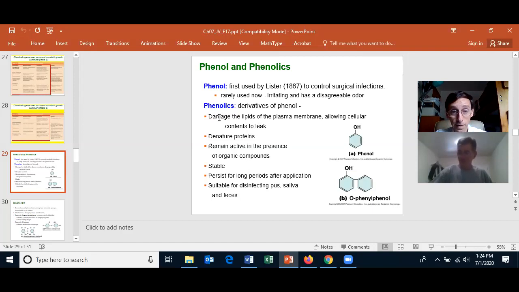So for cleaning up messes in the hospital, phenolics are often used because they are effective when organic compounds are around. They're also fairly stable, and they persist for long periods after they're applied. So they're suitable for disinfecting pus, saliva, blood, and feces, which all have a lot of organic matter in them, besides the bacteria of interest.